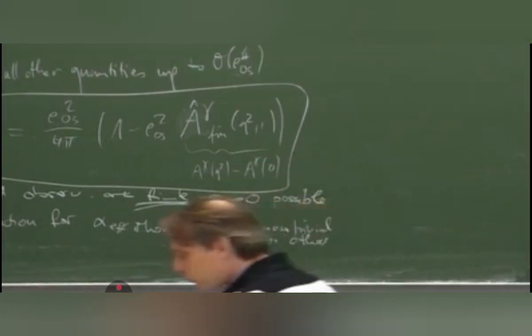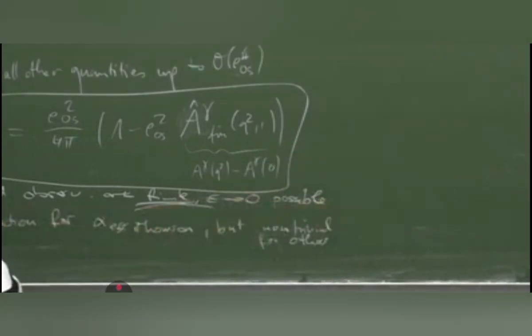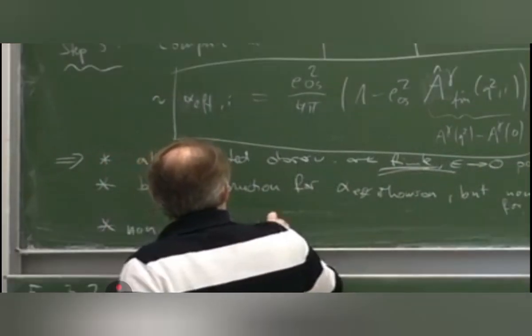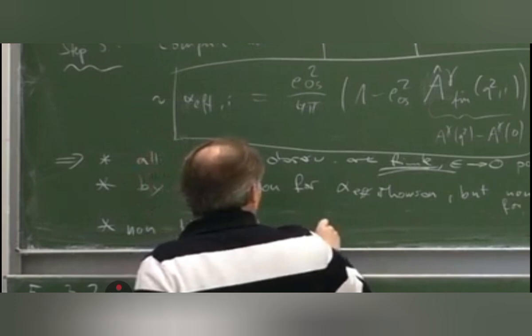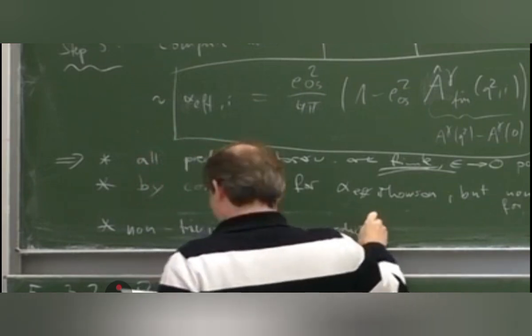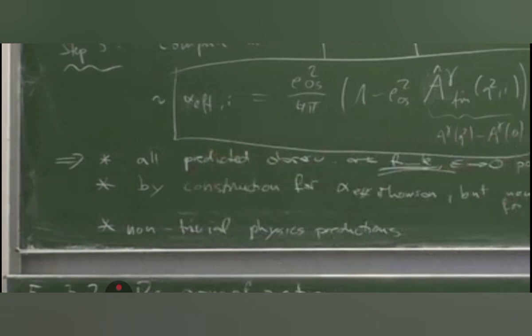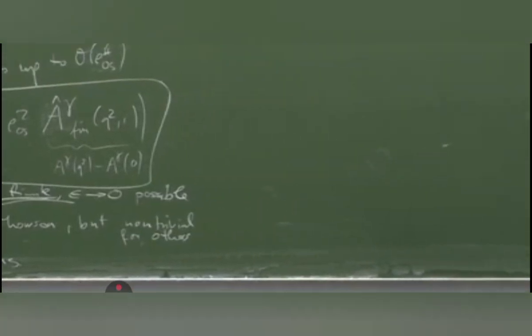And so therefore we now get many non-trivial physics predictions. And that is what we want to discuss today as well. Let me just give you a few more comments on renormalization before we actually start discussing physics.